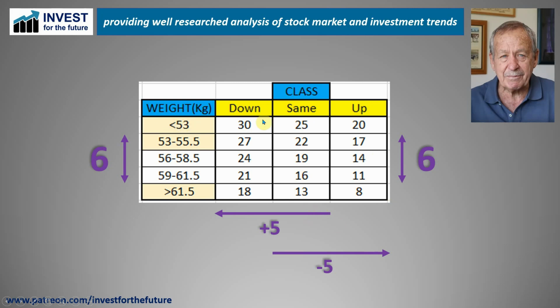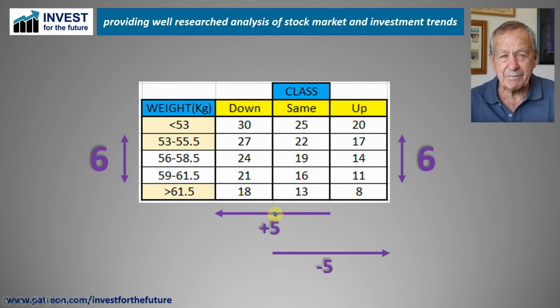Now looking at that weight and class table, it's pretty easy to see that class is worth 5 points. The difference between running in the same class versus running down in class is a 5-point differential, and the same for the difference between running in the same class and going up in class.